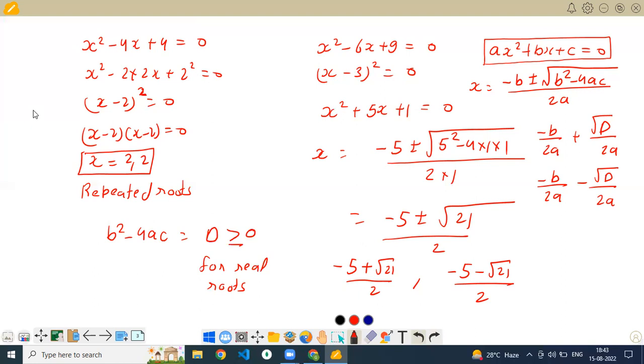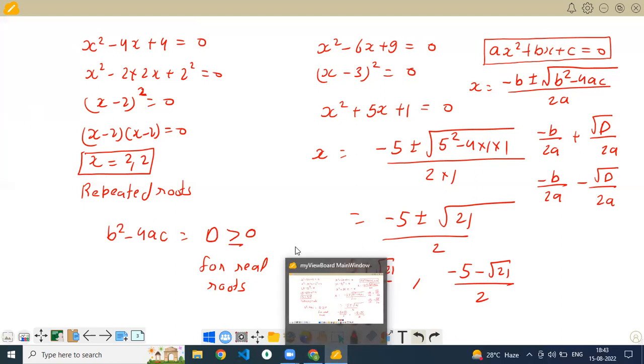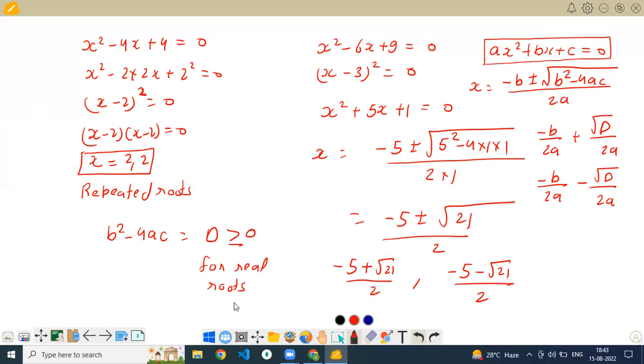So if b square minus 4ac is less than 0, then we'll end up finding the square root of a negative number. That means the roots of the equation will be complex. If d is less than 0, the roots of the quadratic equation will be complex.